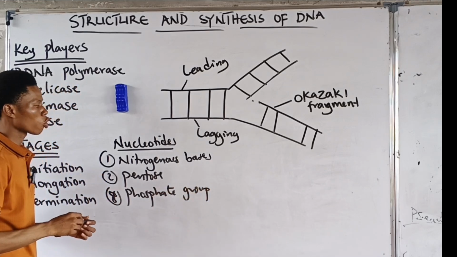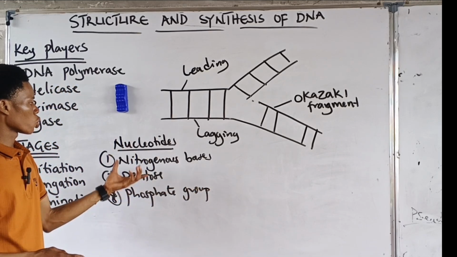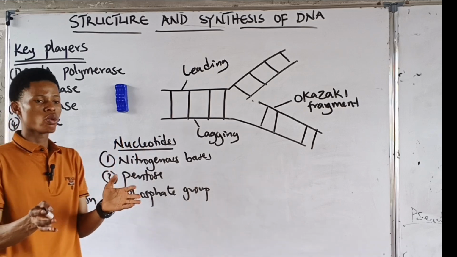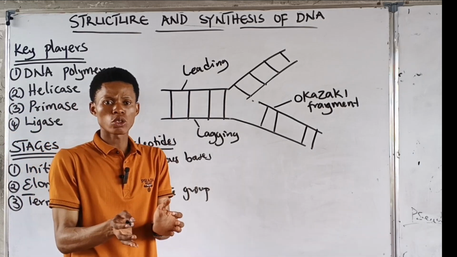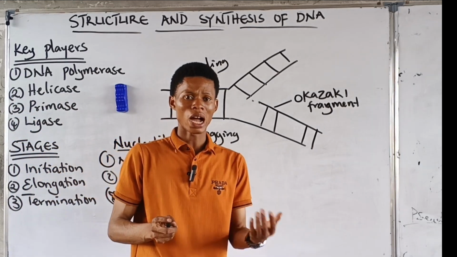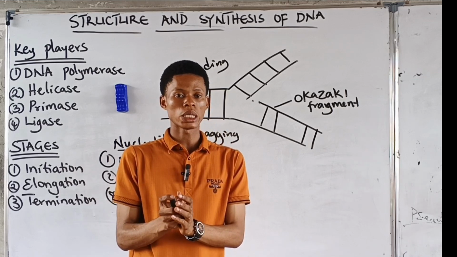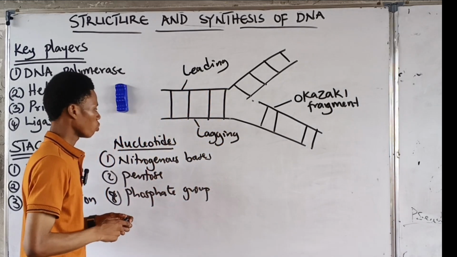These are the three components of the nucleotides. So it is when we link one nucleotide to another nucleotide to another nucleotide that we have our nucleic acid. So nucleotides are the building blocks of nucleic acid.